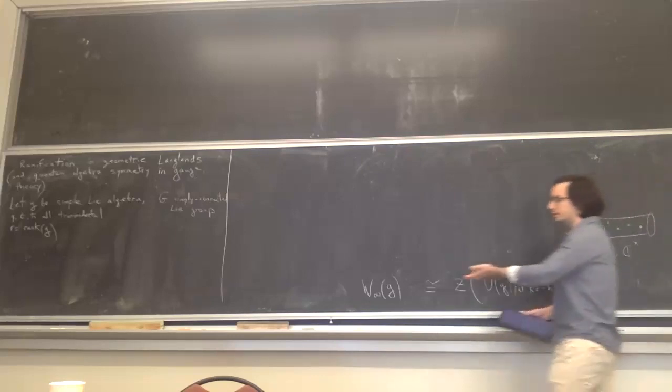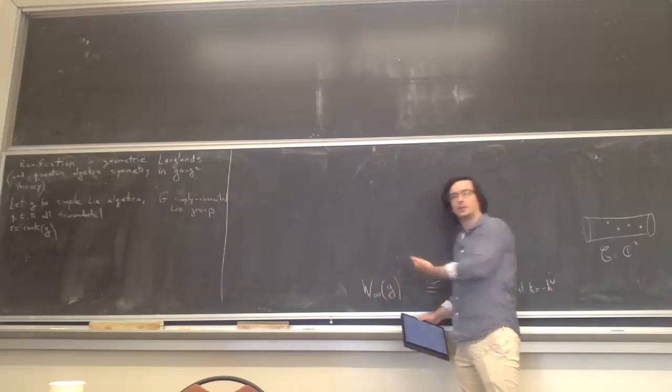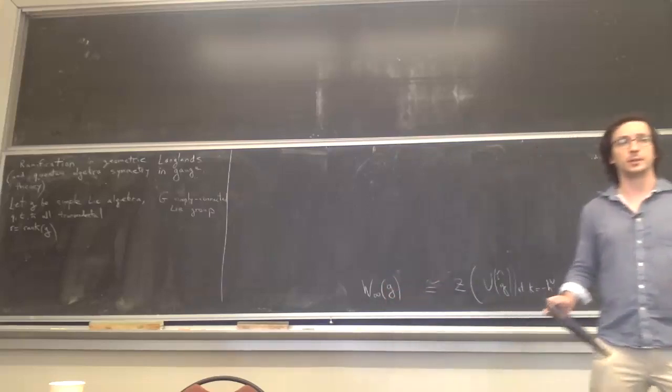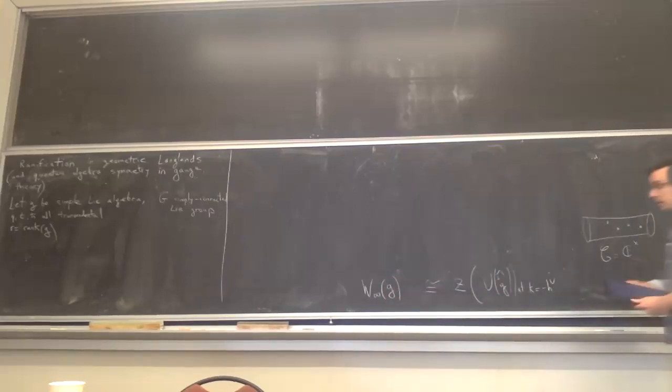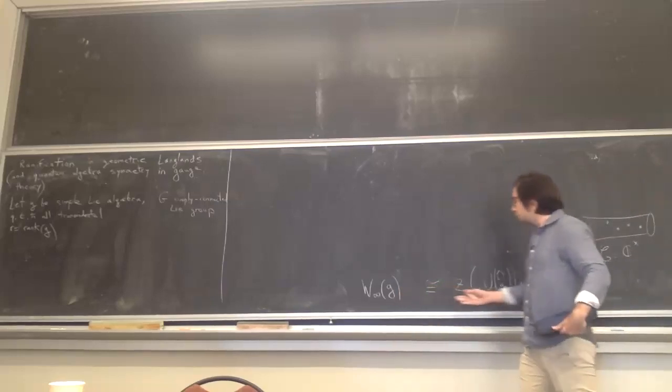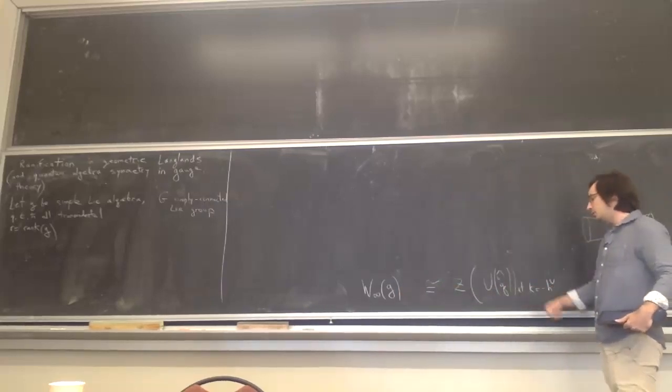So what is this? This is a commutative associative algebra, which has actually a Poisson structure. It has a Poisson bracket, you could describe the center of this.